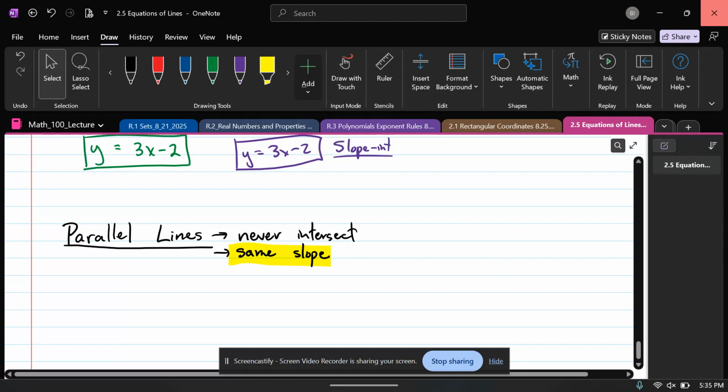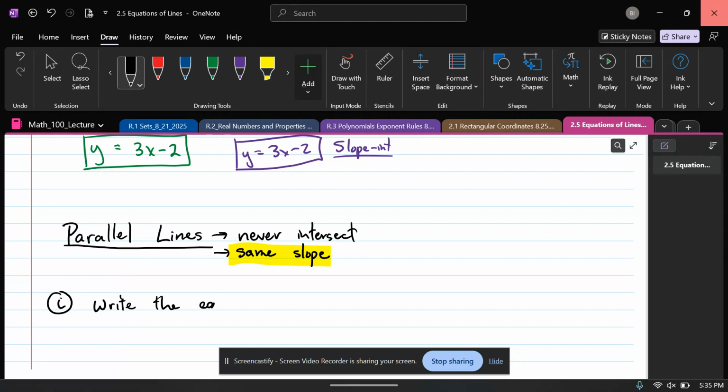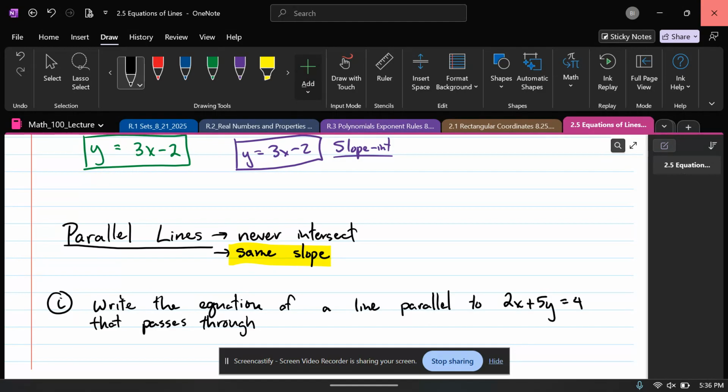I think we're on example 1. So we're going to write the equation of a line parallel to 2x plus 5y equals 4 that passes through (3, 5).